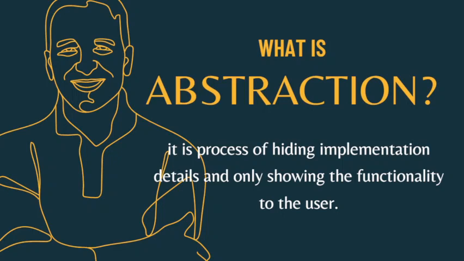The data you supply to the form is compared with your data in the database, and if it is right, they redirect you to another page, and all these are done at the back, right? And these implementations are not shown to you. What you only need is the interface where you are going to interact with the form, and that is all abstraction is about, right?